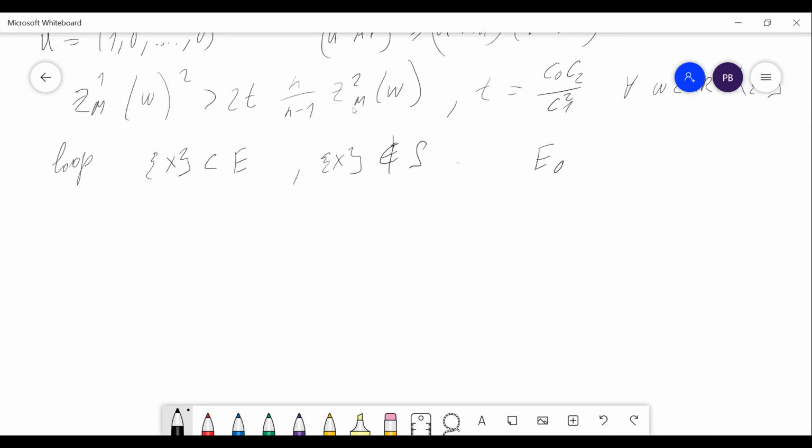So let's say S1 belonging to M. And we say that S1 is parallel to S2 if the following set is dependent. So not independent.